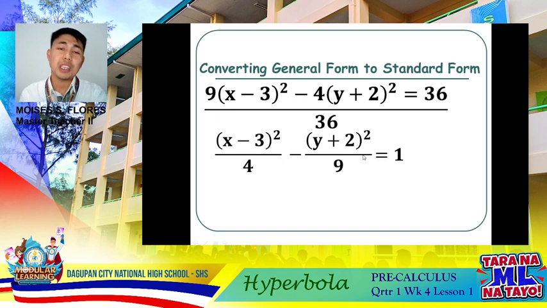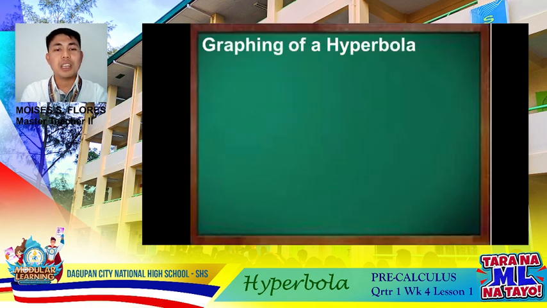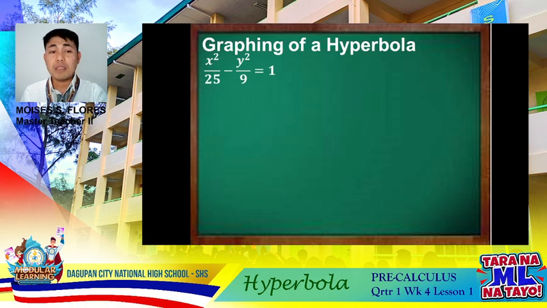We are now ready for our last competency, and that is we are able to graph a hyperbola. Okay, so take a look at this first example. X squared over 25 minus y squared over 9 is equal to 1. As you observe from this example, this is said to be centered at the origin.